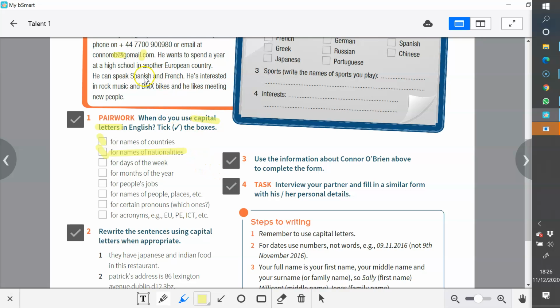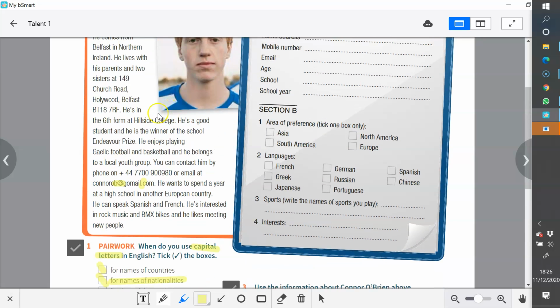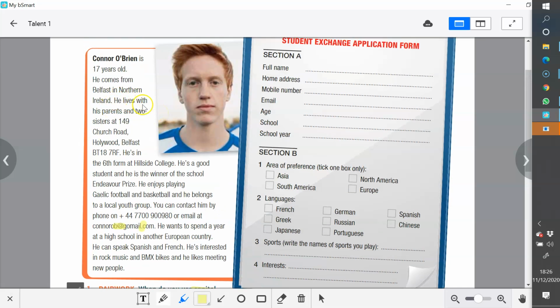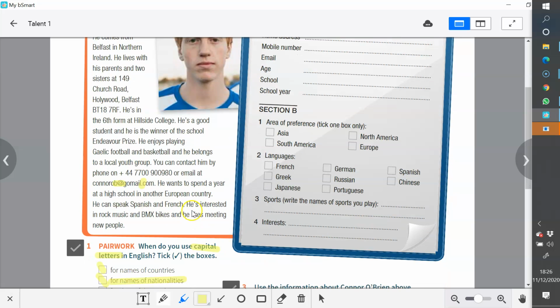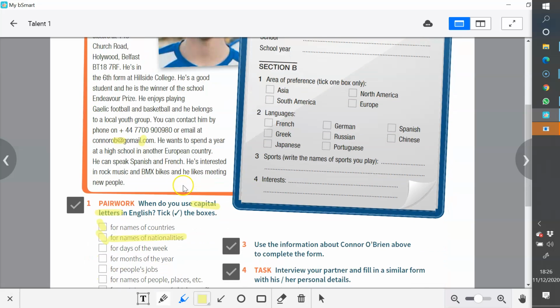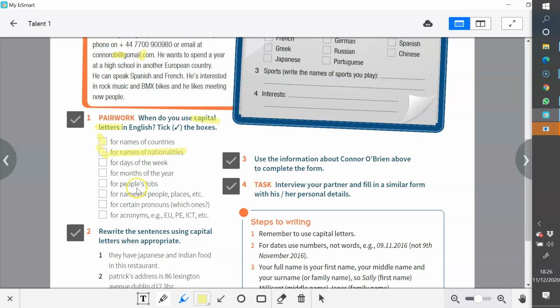For example, European is written with a capital letter, okay? So all the nationalities are written with capital letters.